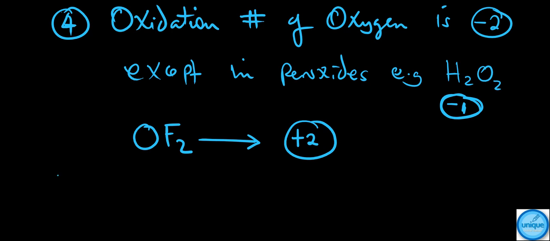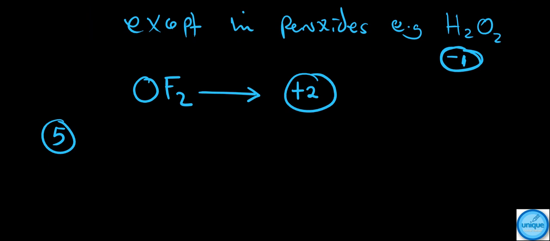Another rule, rule number 5, says that the sum of oxidation numbers of all atoms in a formula of a neutral compound is 0.